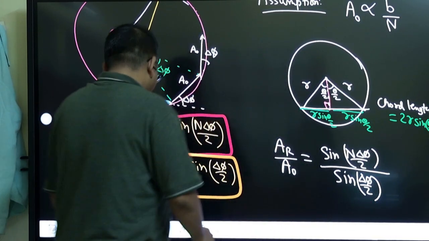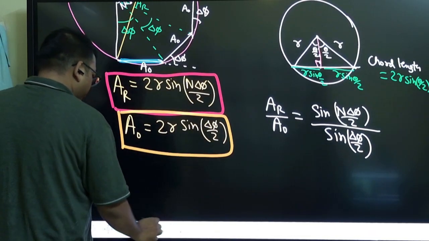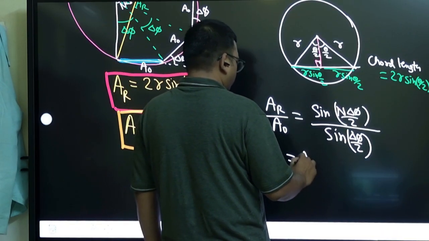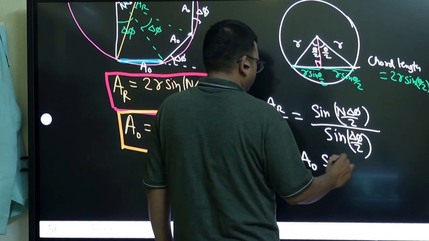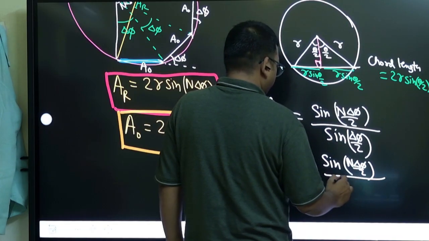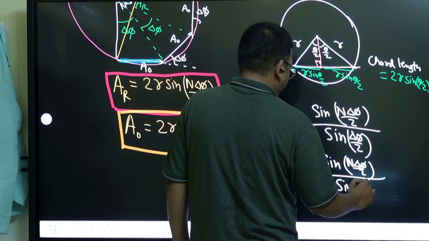This ratio we got, so we can say that the resultant amplitude AR is equal to A naught sine of n delta phi by 2 divided by sine of delta phi by 2.